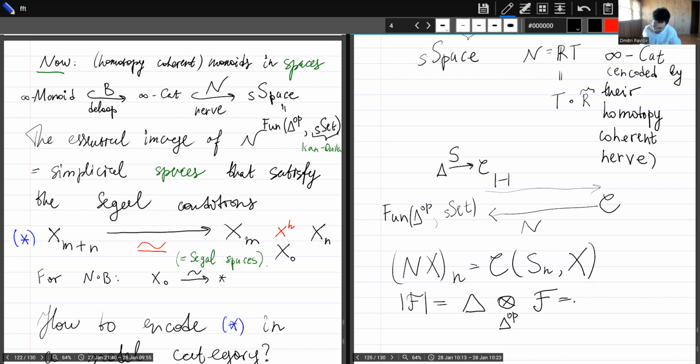For example, you can write this as a coend. I'm not even sure how to write this properly.